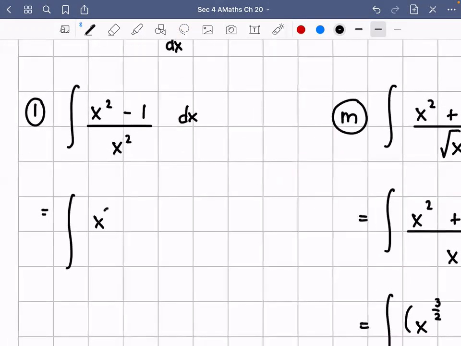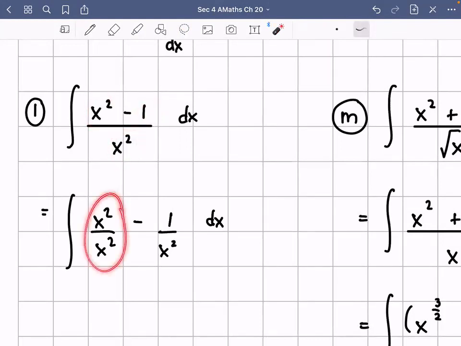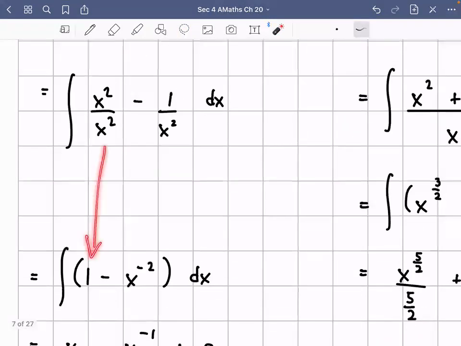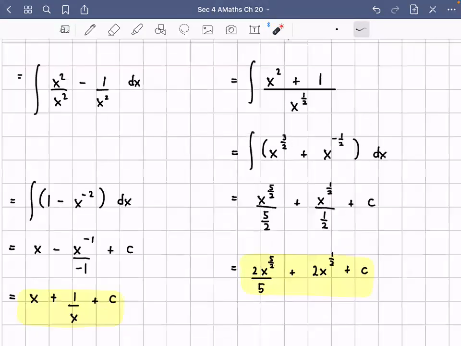It becomes x squared divided by x squared, minus 1 over x squared. So you should divide each of these by x squared. This one becomes 1, correct? And when you rewrite this, it becomes x raised to negative 2.